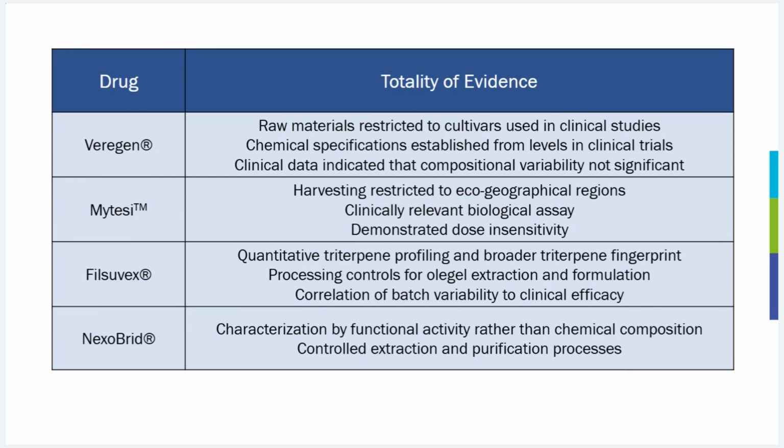The next one, they did a quantitative triterpene profiling and then had a broader triterpene fingerprint that they used for ID. They had processing controls for the ologel extraction and formulation, and then correlated again, same thing, correlated batch variability to clinical efficacy.